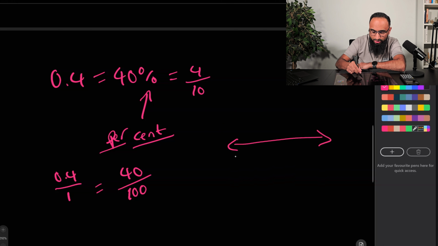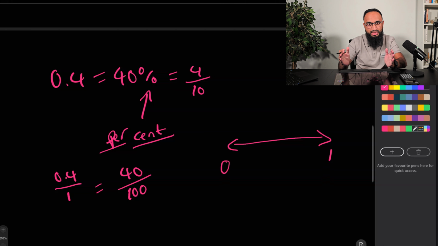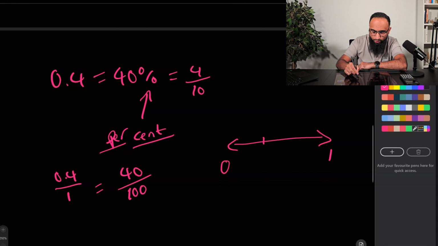But we do know that in terms of decimals, and especially when we're looking at probability, which we'll move on to, you've got 0 as the lowest and you've got 1 as the highest, and then you have like a sliding scale in between, and 0.4 will be somewhere here, but it just refers to how the decimal in a sense is always having a denominator of 1.